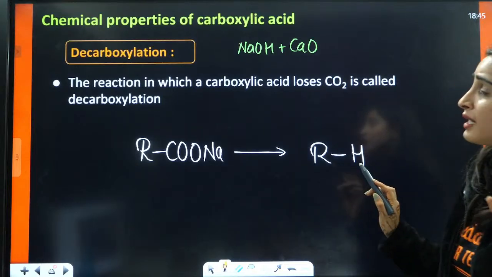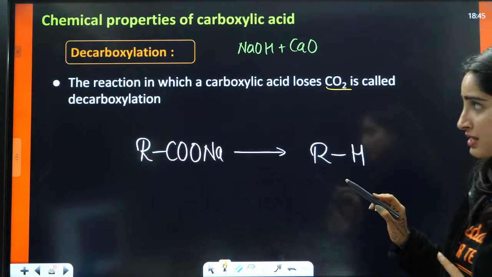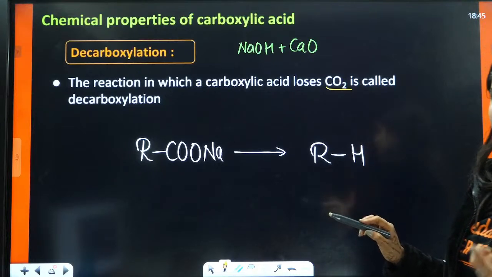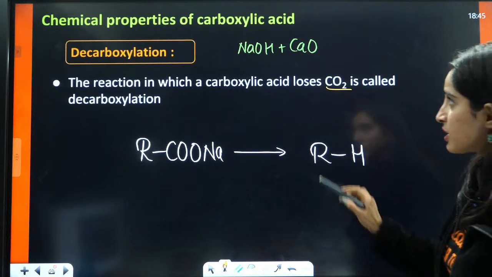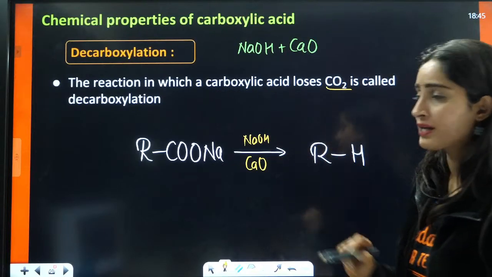The reaction in which a carboxylic acid loses CO2 is called decarboxylation, right? In soda lime decarboxylation, you add NaOH and CaO, where CaO is the catalyst.